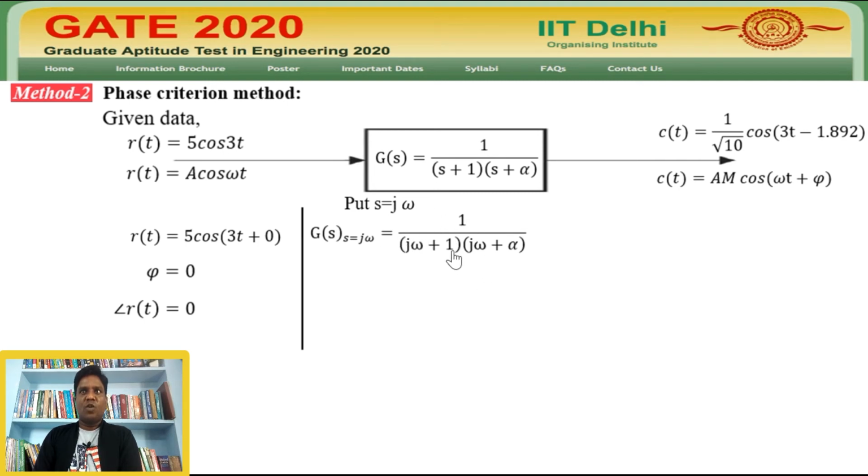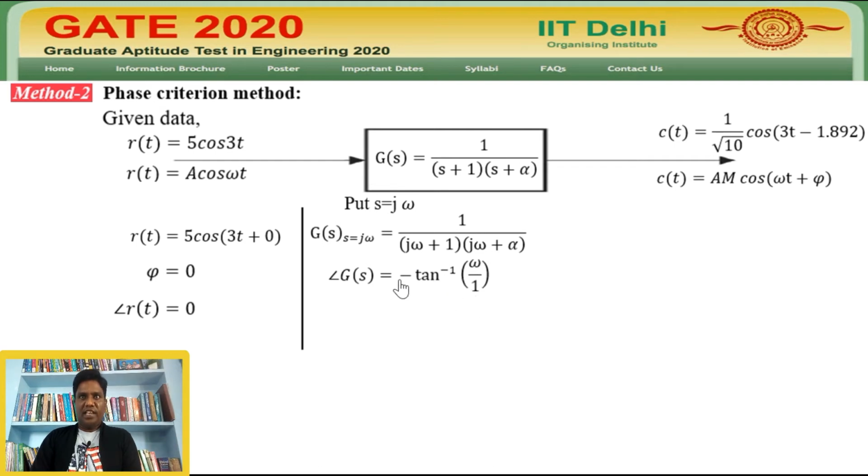The phasor equivalent will get a minus, and it looks like a plus jb. Then the corresponding phasor equivalent will be tan inverse of b by a. Here the a term is 1 and the b term is omega. Finally, the phasor equivalent for the first denominator term is minus tan inverse of omega divided by 1.